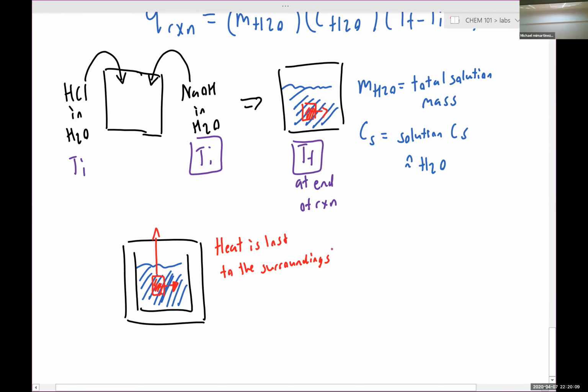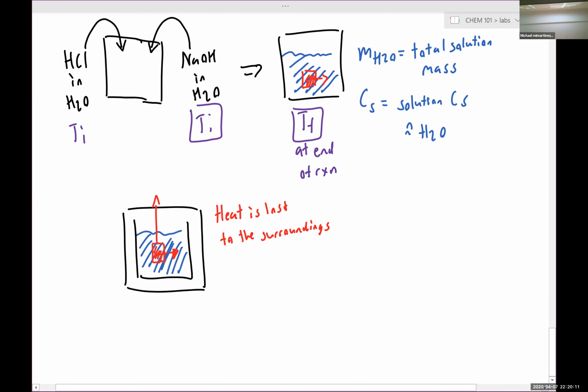So in order to get around this heat loss issue, we will instead graphically determine T final assuming an instantaneous reaction.